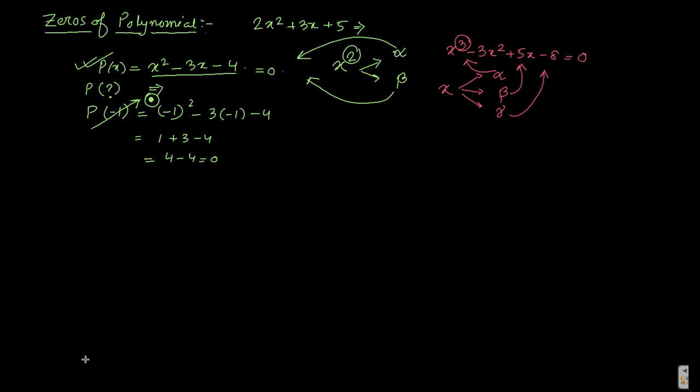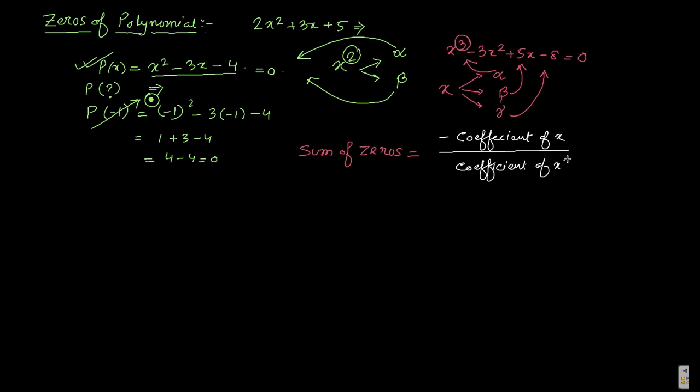Then the relation between the zeros and the coefficients of the polynomial has two terms. The sum of zeros is expressed as minus the coefficient of x by the coefficient of x square.